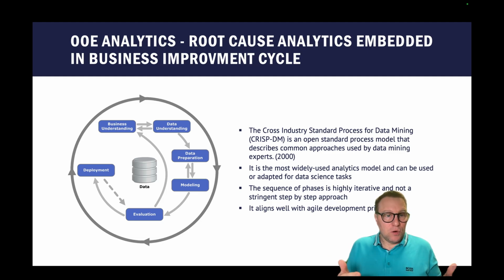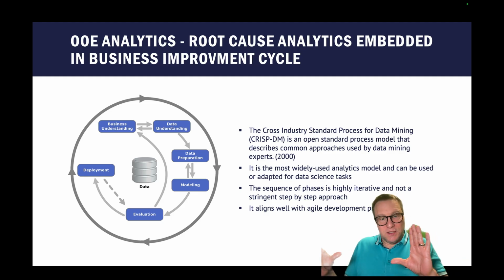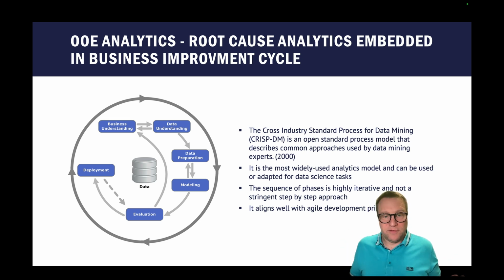With this so-called CRISP cycle, it's all about the business understanding. Then you extract the data, you want to understand what is all around in your machines, and then you do the modeling and evaluation, and it is always an iterative process. You cannot improve the OEE in one shot, doing one analysis and then it's done.